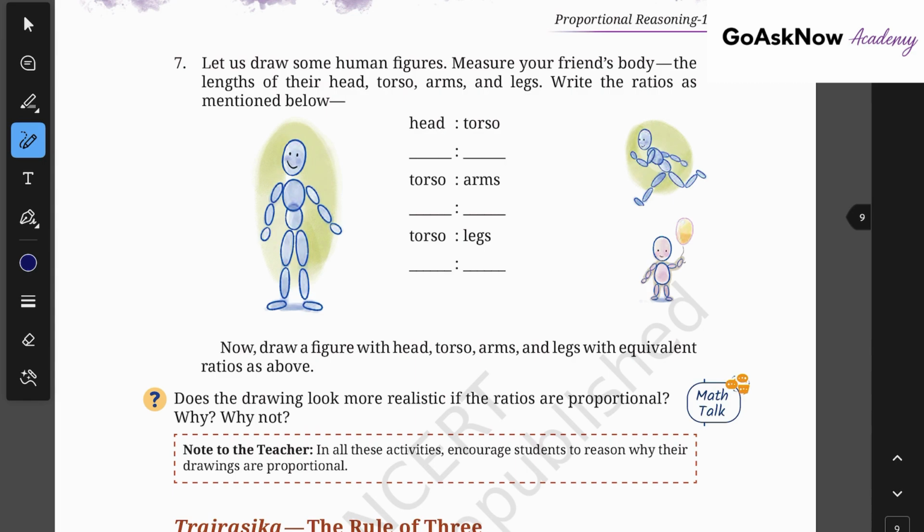So let's take random measurements: your head is 40 centimeters and your torso is 50 centimeters, then your arms, my arms is 7 centimeters, torso is 50, legs is 90. Okay. Now draw a figure with head, torso, arms, and legs with equivalent ratios as above.